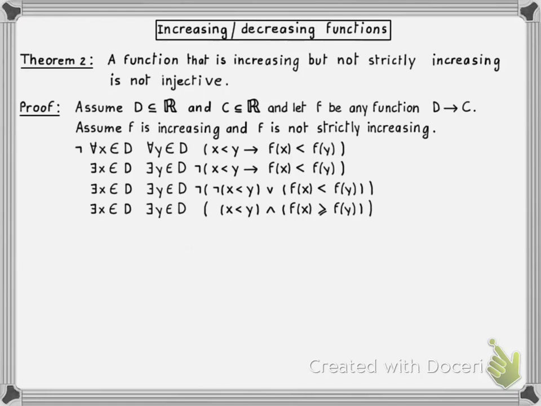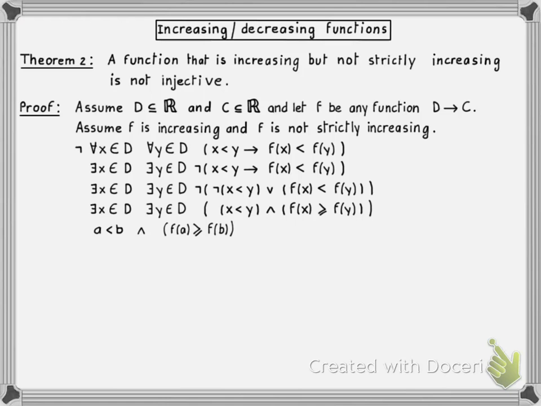So let's say we pick the constant b to replace for y here and there. So after these two steps, we end up with the proposition that a is less than b for some values a and b of the domain, and f of a is greater than or equal to f of b.